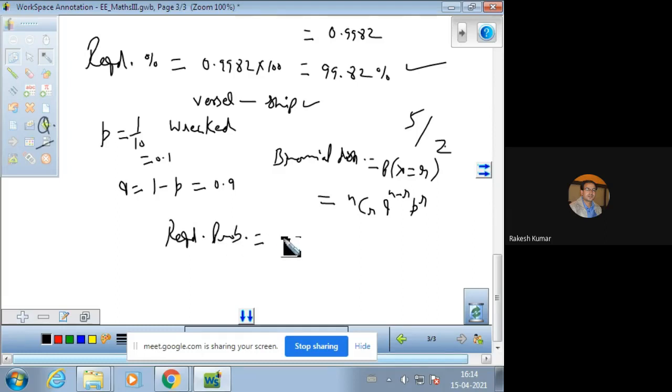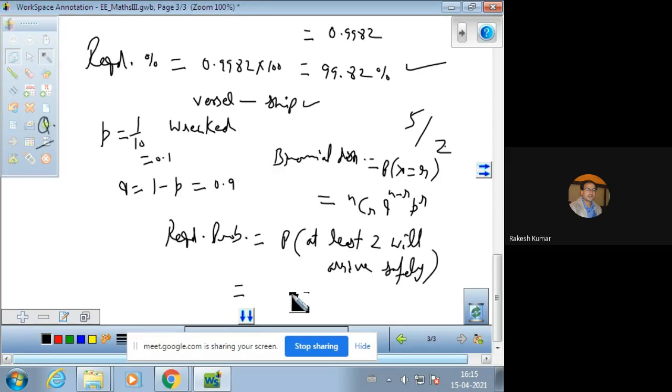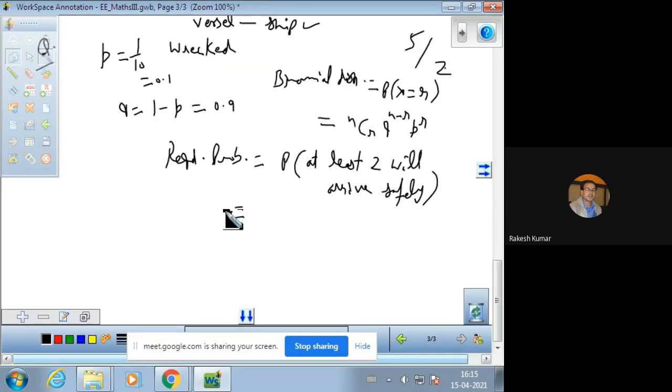So the required probability is at least 2 will arrive safely, and 2 out of 5 will arrive safely. So it means we have to find the probability that x is greater than or equal to 2.